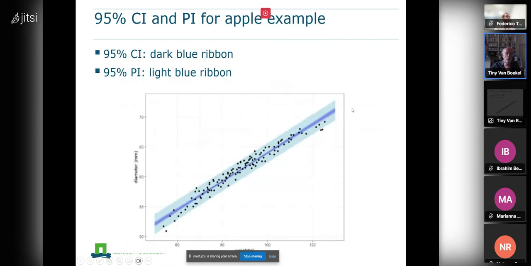Again, for this apple example, the dark blue ribbon here is the confidence interval for the mean. And you can see that that is much narrower than the prediction interval for new values. And I think both intervals make sense to display.